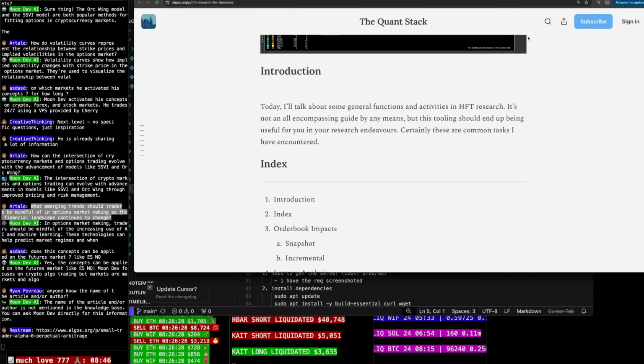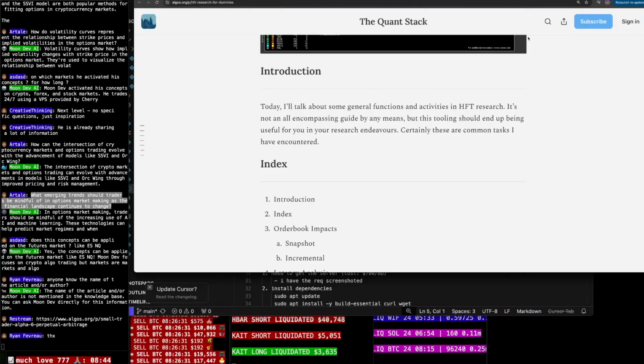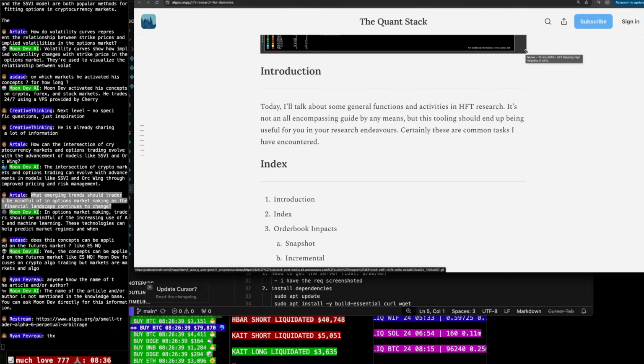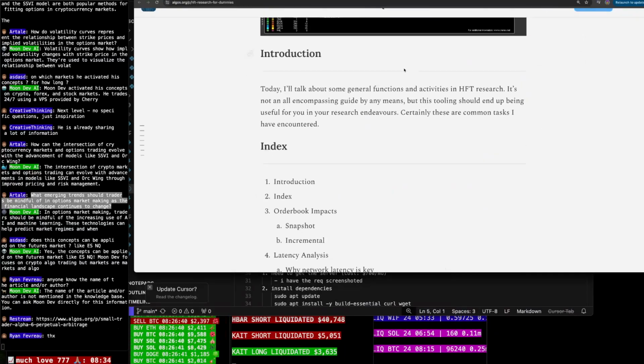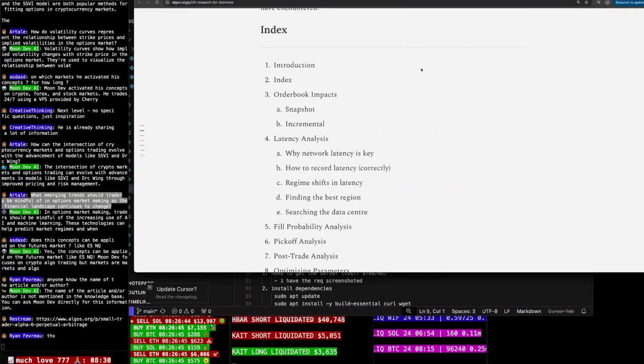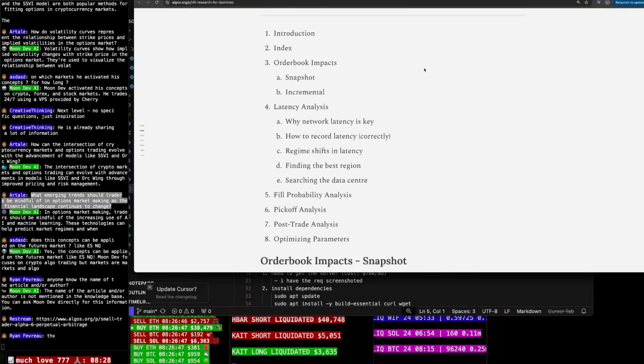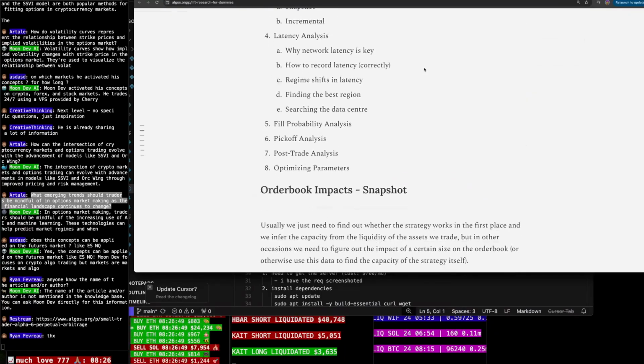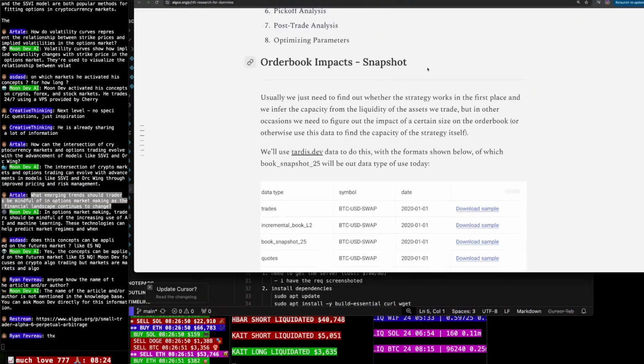Today I'll talk about some general functions and activities in HFT research. It's not an all-encompassing guide by any means, but this tooling should end up being useful for you in your research endeavors. Certainly, these are common tasks I have encountered. Order book impacts, snapshot.